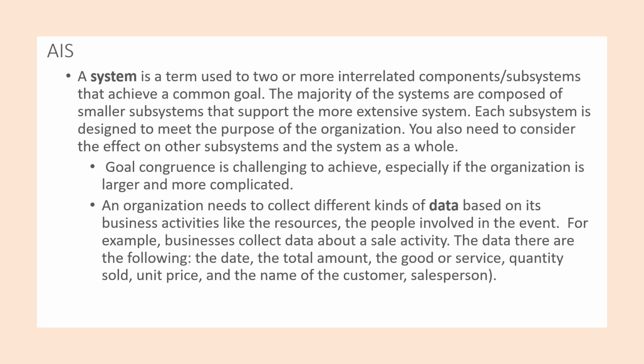The enrollment system of the university is composed of different components. We have the SAO, we have also the registrar, we have also the college. So we need those components just to achieve the goal of that enrollment system. So we call it goal congruence.